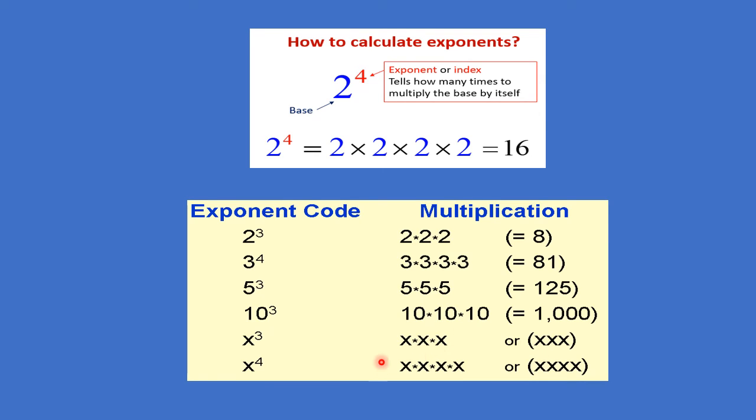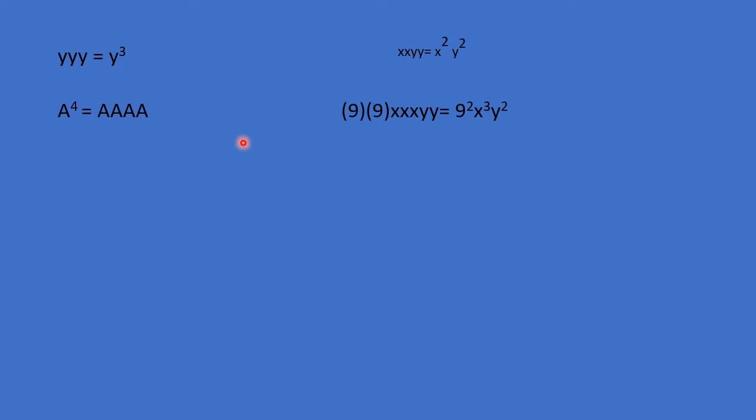We don't have to have an x for a multiplication symbol. We can just put the variables side by side, and that's understood to be multiplication. x to the 4th power, of course, would be x times x times x times x. So you can see the exponents in algebra can be applied to the variables, just like exponents that you learned years ago can be applied just to the base number there.